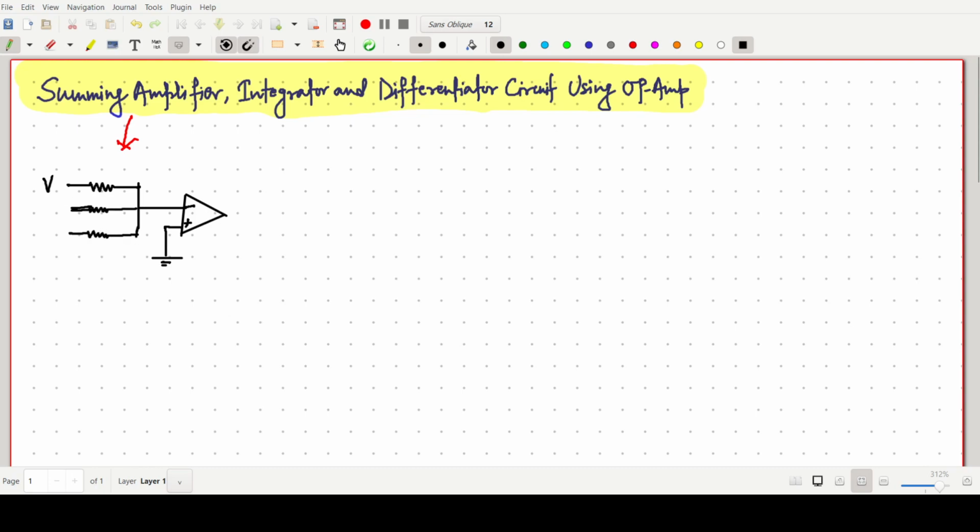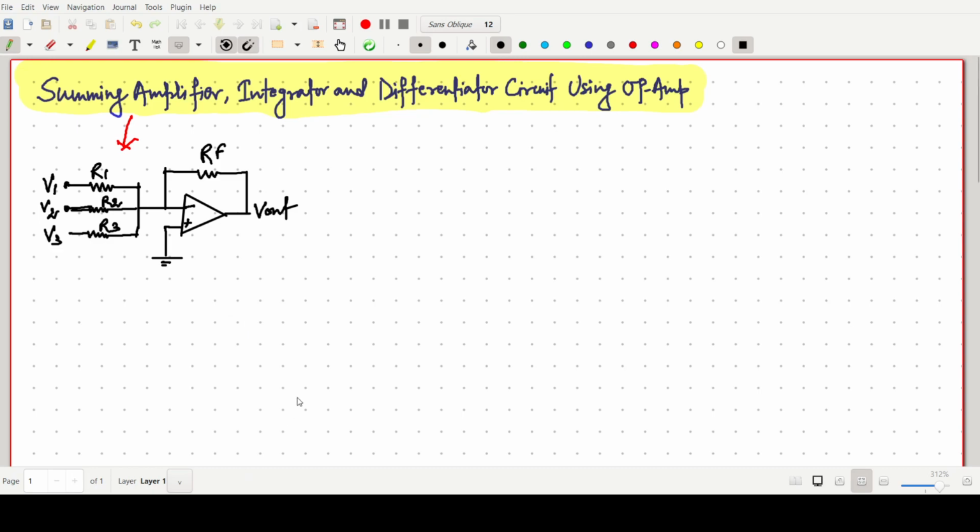Okay, and we are saying this one is v1, v2 and v3, say r1, r2, r3, and there will be a feedback resistance, say rf, with v output. So this one is a summing amplifier circuit.